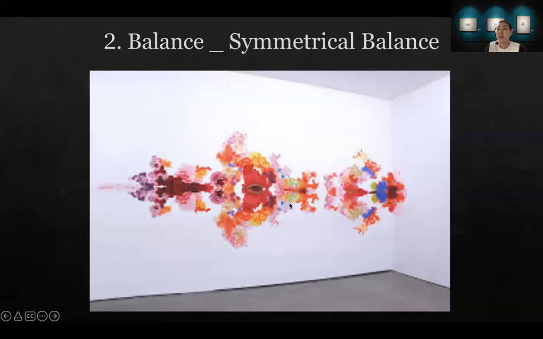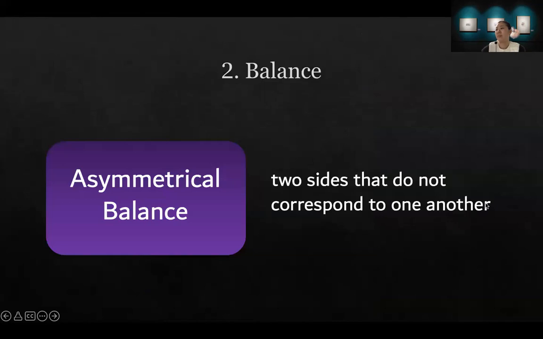There is an imaginary horizontal axial on the center of the image, and the top part of the axial corresponds to the bottom part. So this is symmetrical balance. And here is the tricky one. Asymmetrical balance. Asymmetrical balance is two sides that do not correspond to one another in size, shape, and placement.